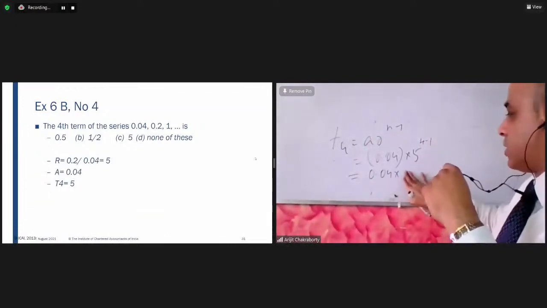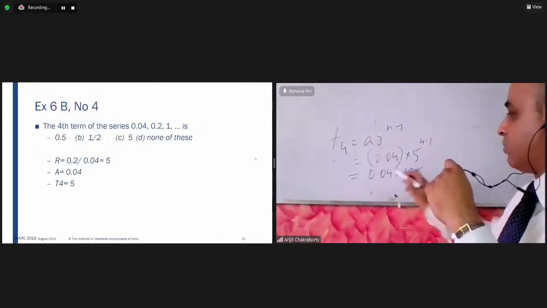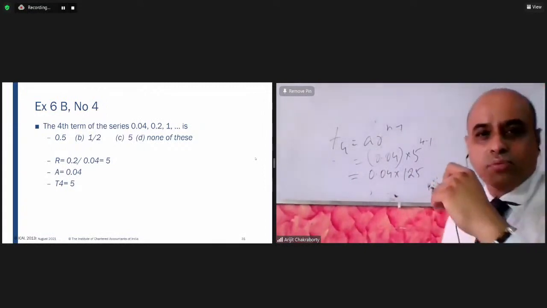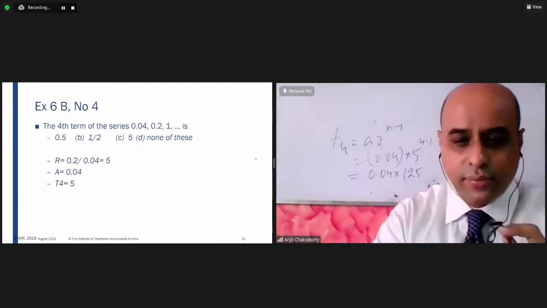So I can write straight away 125 multiplied by 0.04. So that comes to 5. Okay, so the answer is 5.